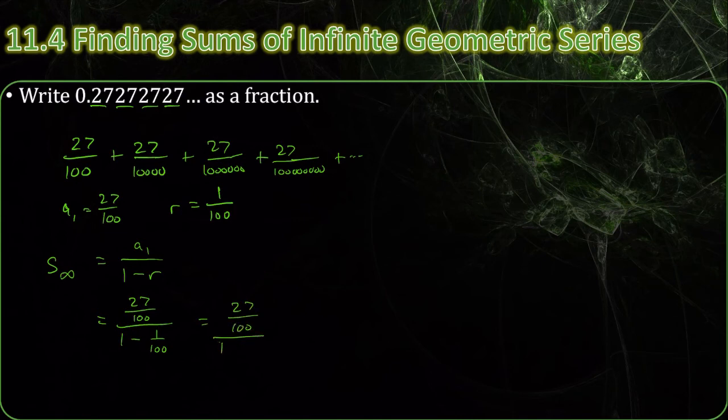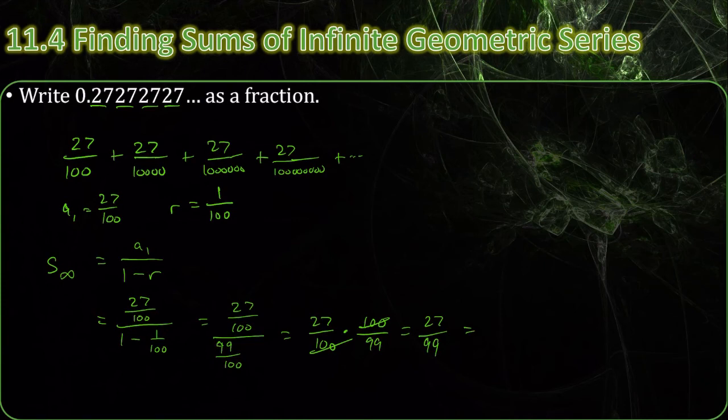One minus a hundredth would be 99 hundredths. Divide fractions by multiplying by the reciprocal. In this case, the hundreds cancel, and I have 27 over 99.